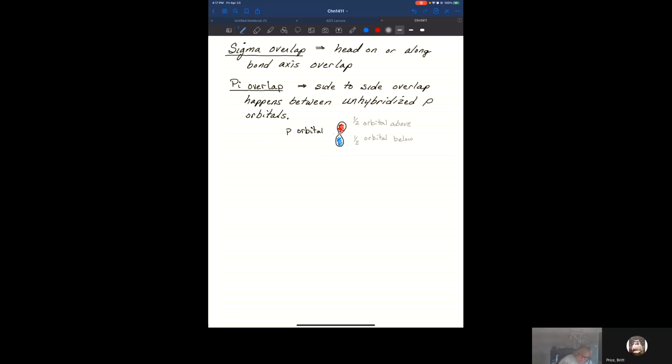When we look then at 2p orbitals going through this pi overlap, I'm going to try to draw them relatively close together.